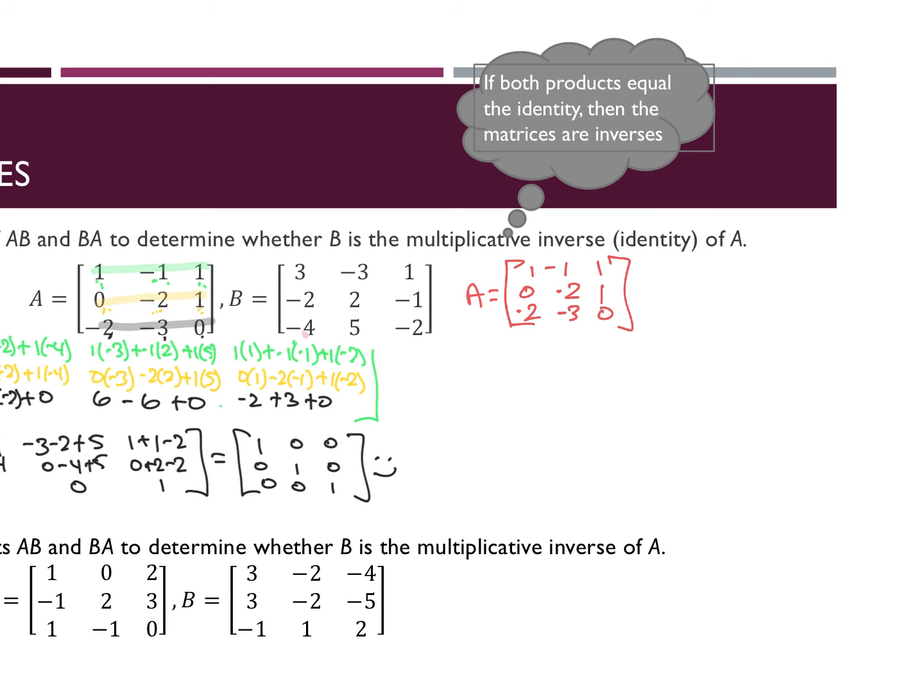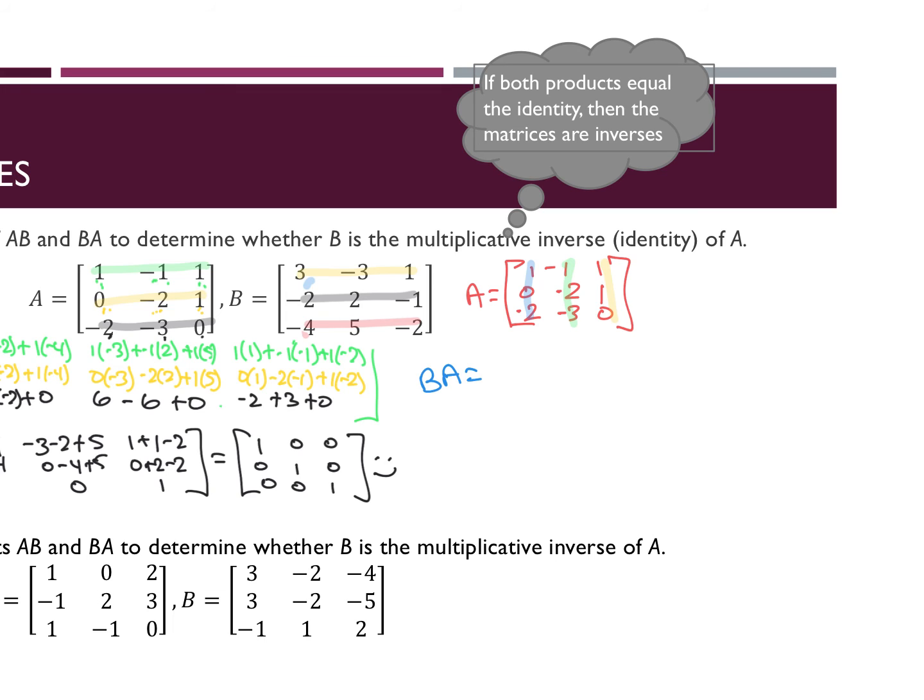So if we're looking for product BA, we'll start by using our B matrix as our rows. And then that means our A matrix is the column matrix. Okay, so B times A.